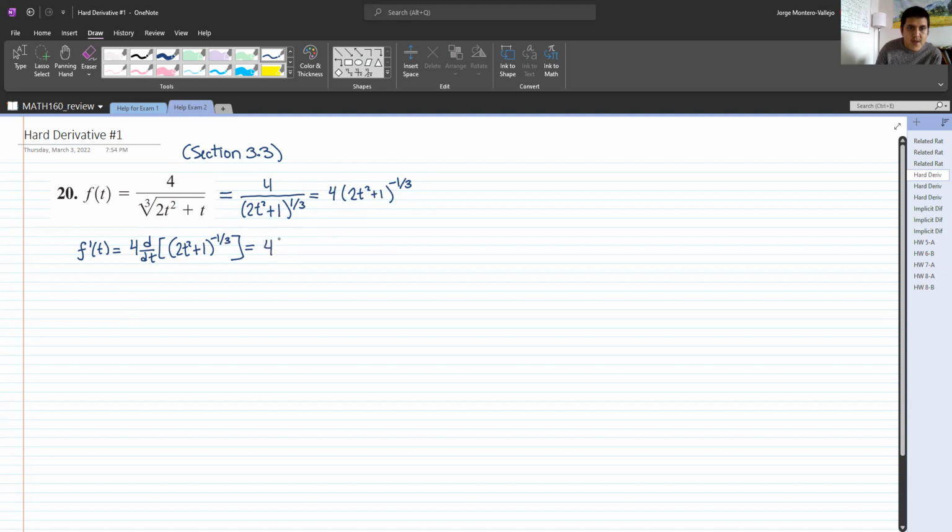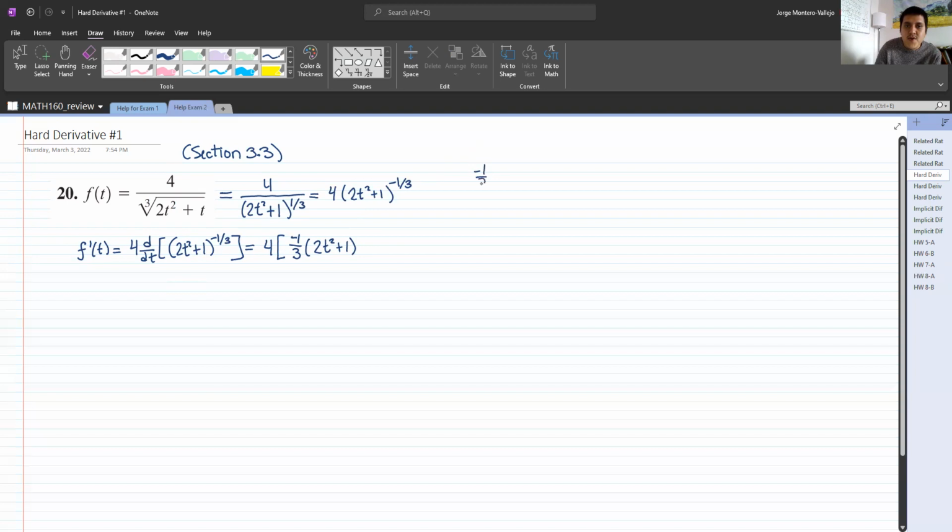So 4, and then in the brackets, I'm going to do first the derivative of this term. Power rule first, right? I'm doing general power rule, and that starts with the power rule. So the power comes down to the front and multiplies. Then we have the inside untouched. And the new power will be negative 1/3 minus 1.